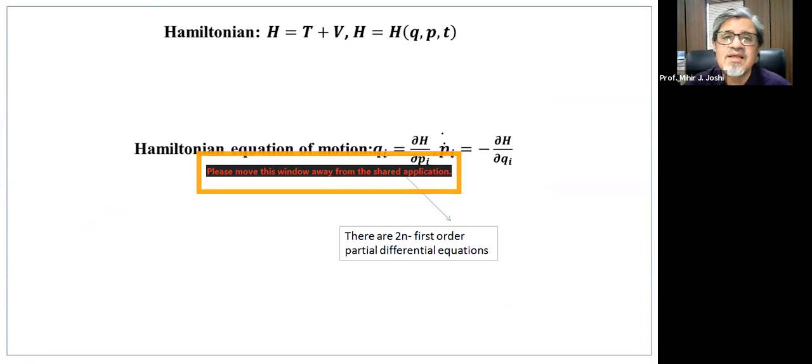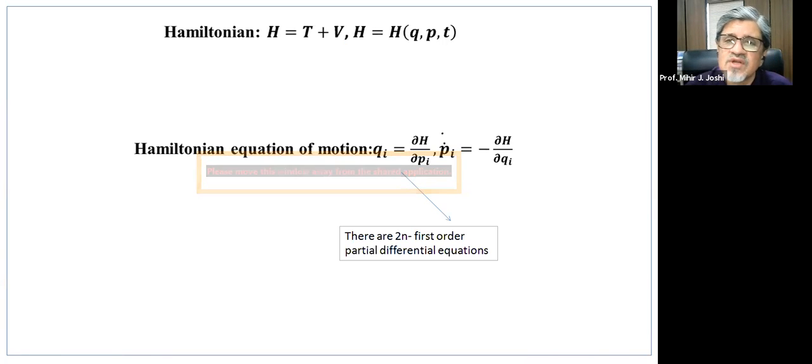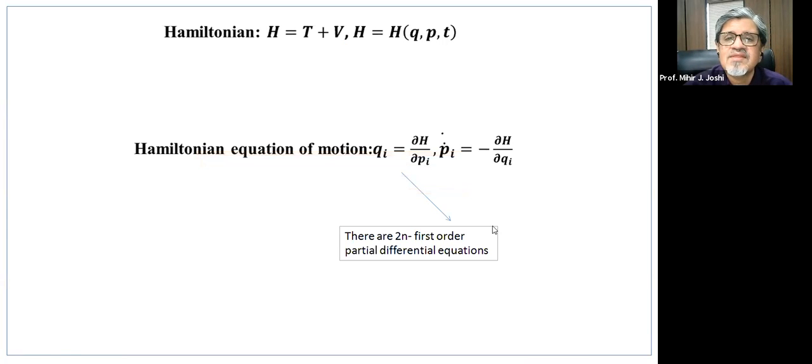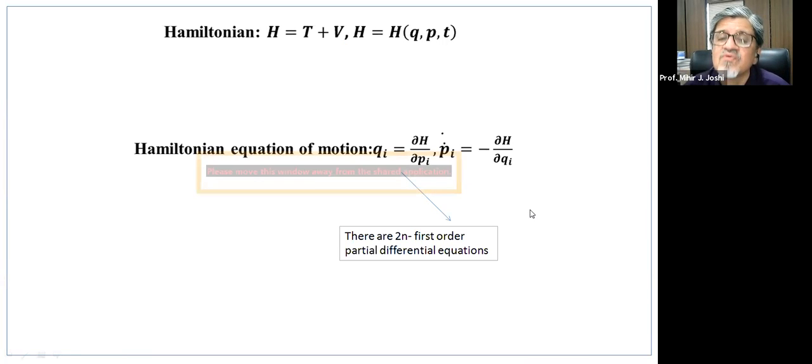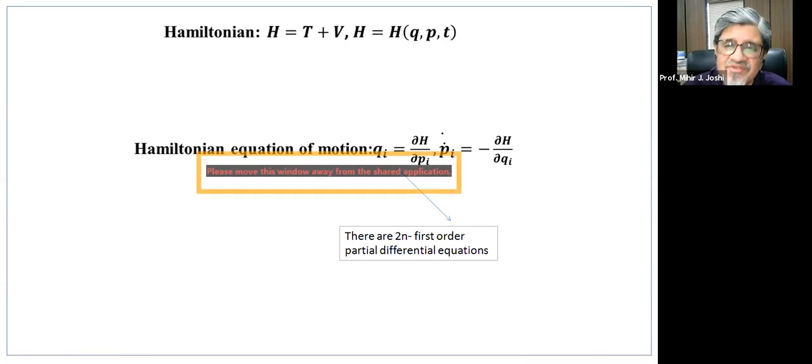Now we come to the Hamilton's equation of motion, and Hamiltonian is represented as H, a function of Q, P, and T. These are the Hamilton's canonical equations of motion. Why canonical equations of motion? Because we have already seen the Lagrangian equation. There we had seen that momentum and coordinate are connected through Lagrangian.